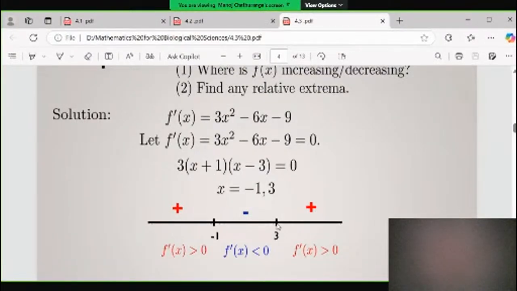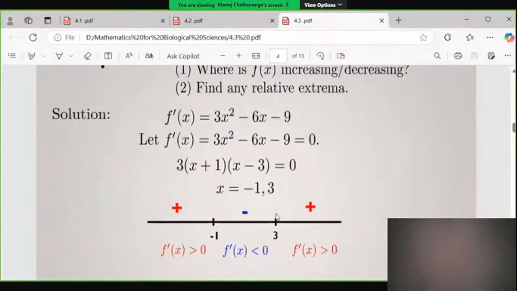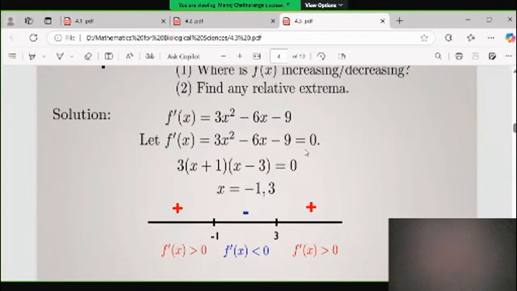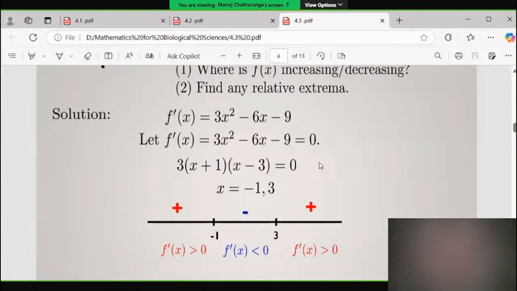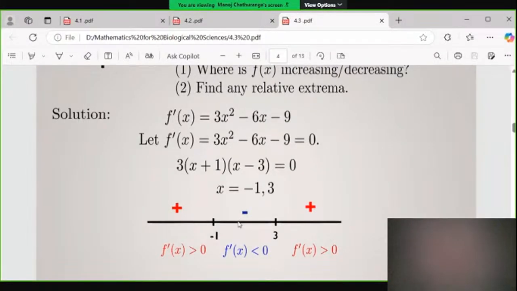Then around 3, the function is decreasing up to 3, and after that it starts increasing. So it decreases, reaches a valley and then starts going up. So it must be a relative minimum. So -1 is a relative maximum, 3 is a relative minimum.